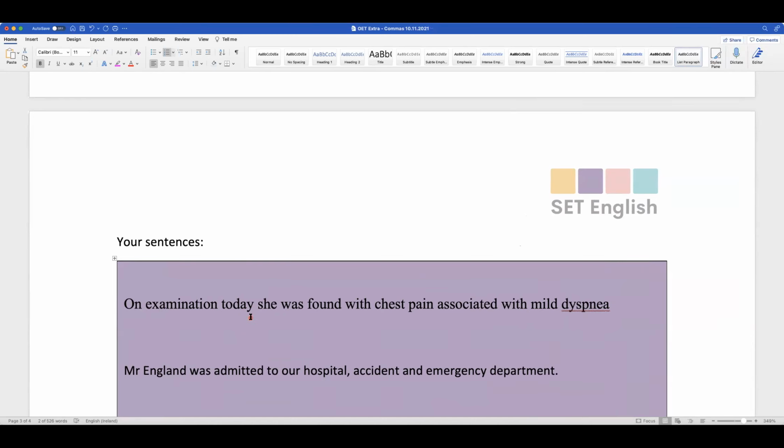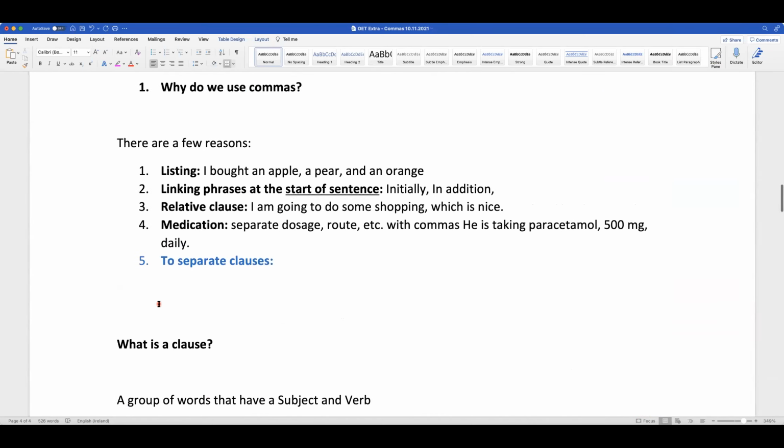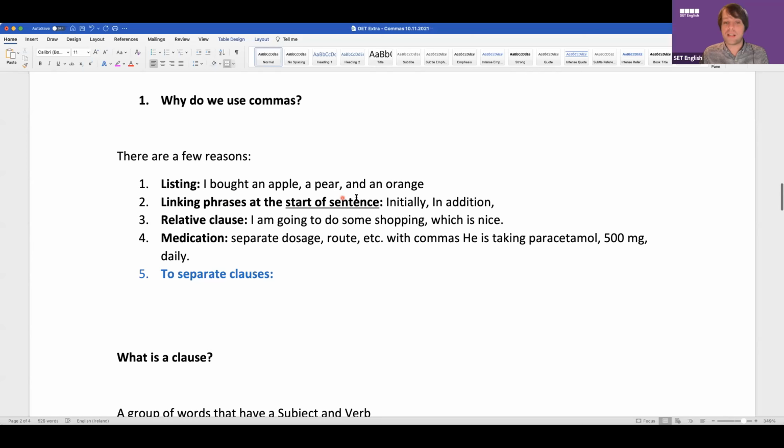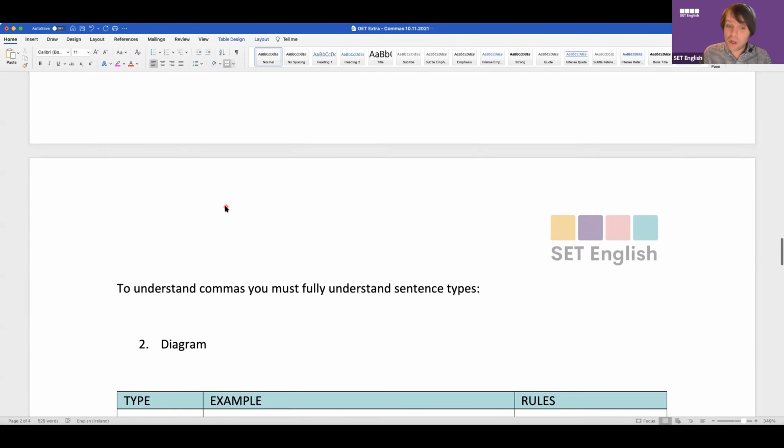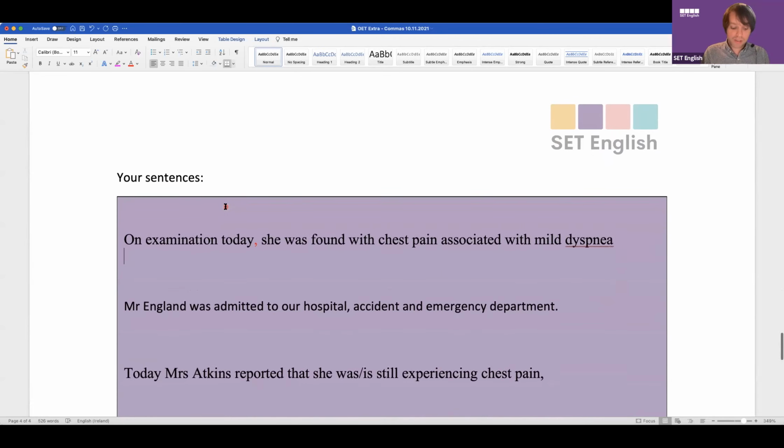Why is there an error here? What did we say this was? A linking phrase, right? A linking phrase at the start of the sentence. Actually, I saw lots of this last week. Don't forget, really, really important. Simple, but don't forget, right? Linking phrases at the start.